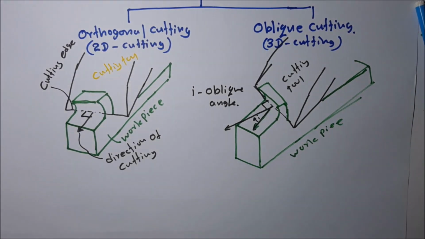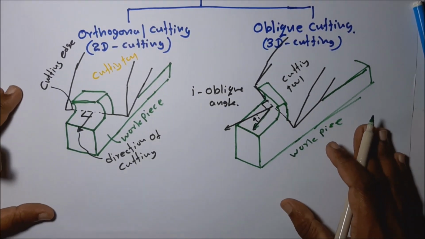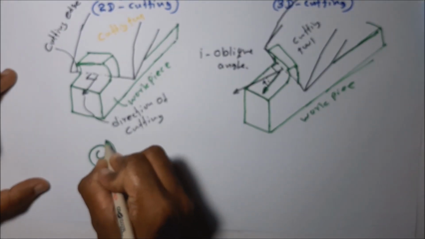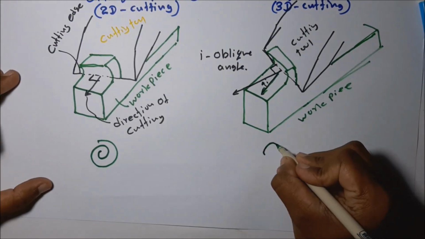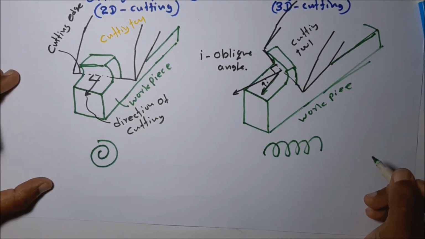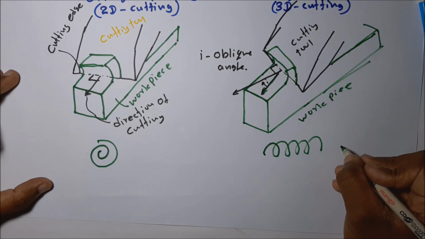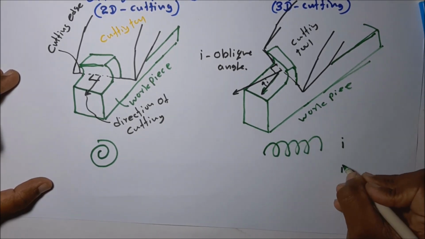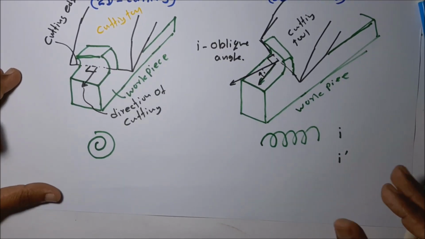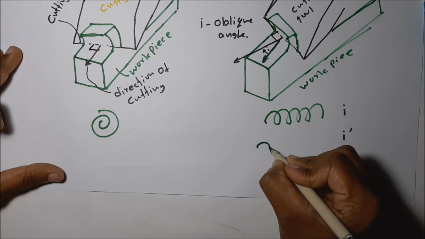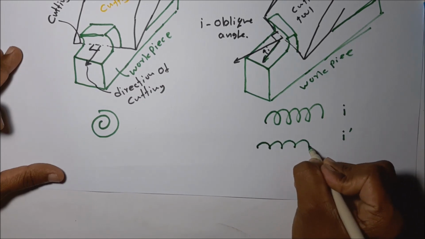So in this situation, the removed chips form a coil shape. But here it forms a curl shaped chip. When increasing the i value, the curl shape pitch value increases.